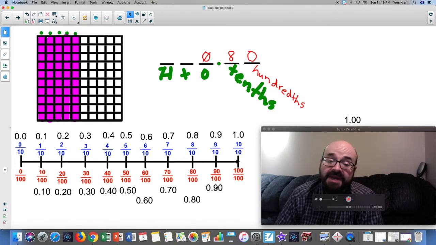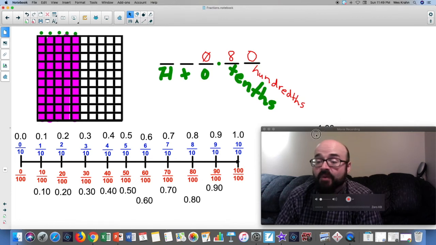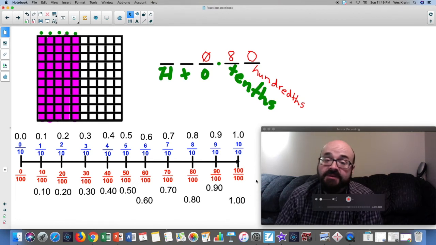And 0 and 90 hundredths is equal to 0 and 9 tenths. And 1 and 0 hundredths is equal to 1 and 0 tenths.